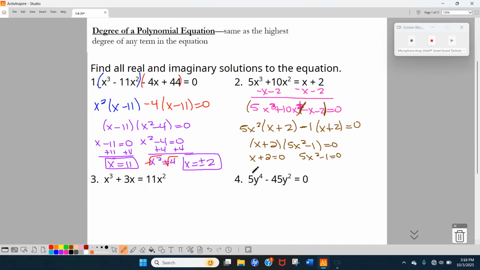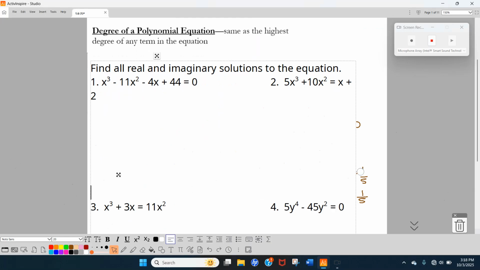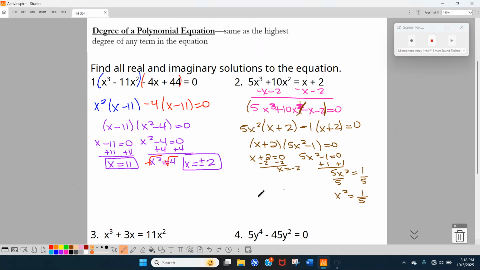So this guy's easy. You get x is negative 2. Here we're going to add 1. We get 5x squared is equal to 1. Divide by 5. We get x squared is equal to 1/5. Let me see if I can make some more space. All right, so then we have to square root both sides.